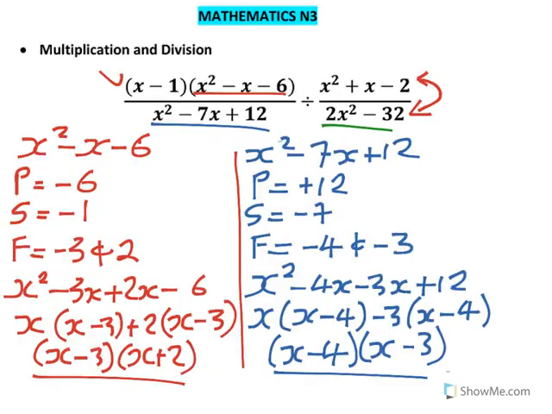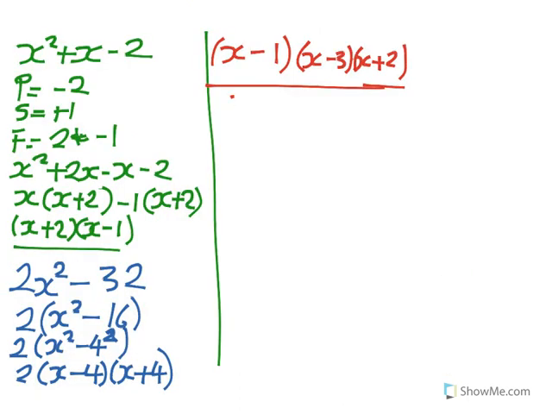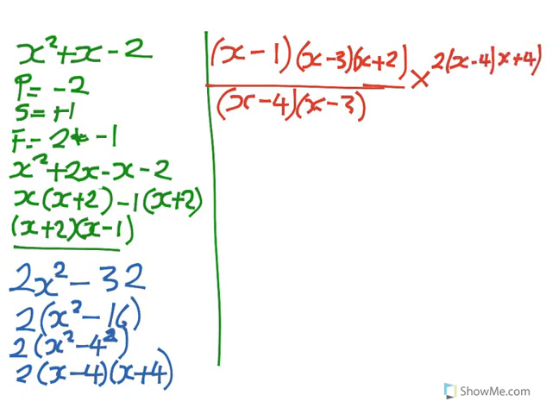And then for the other one, we've got x minus 4, x minus 3. And then remember times, it will go on top. So you're going to have 2, x minus 4, x plus 4, over the other one, there is x plus 2 and x minus 1.